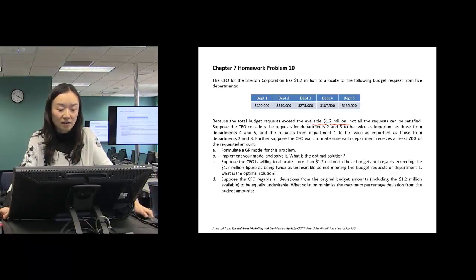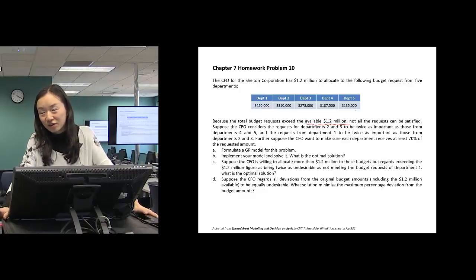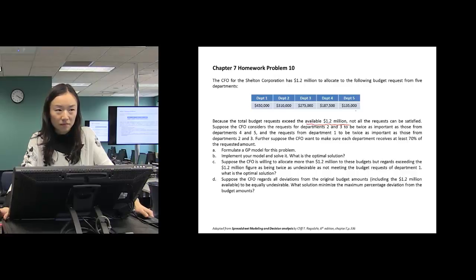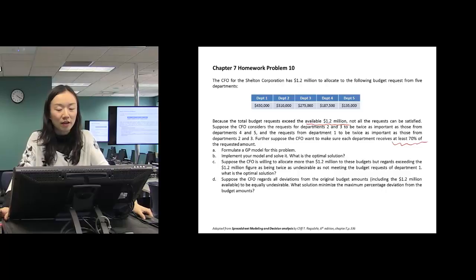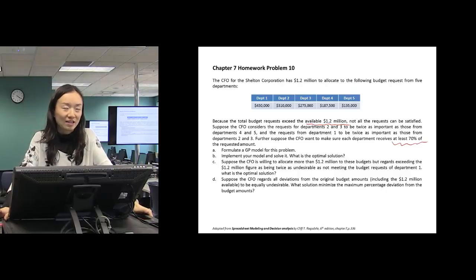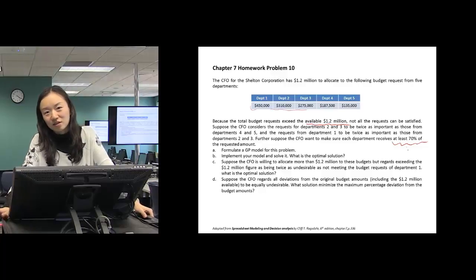And in this case, what are the desirable things when this CFO is trying to allocate the money? For those 5 requests, the CFO can allocate more than that or less than that. Probably it won't be more than that, but in your model you can include both.